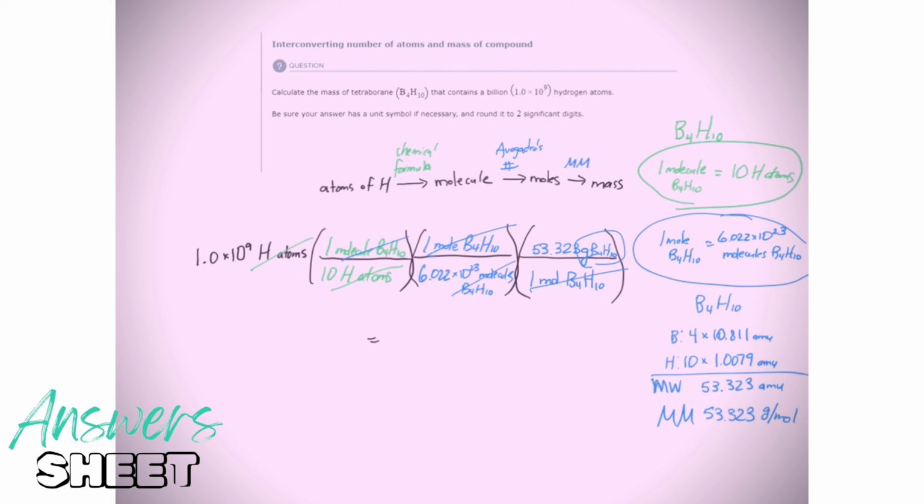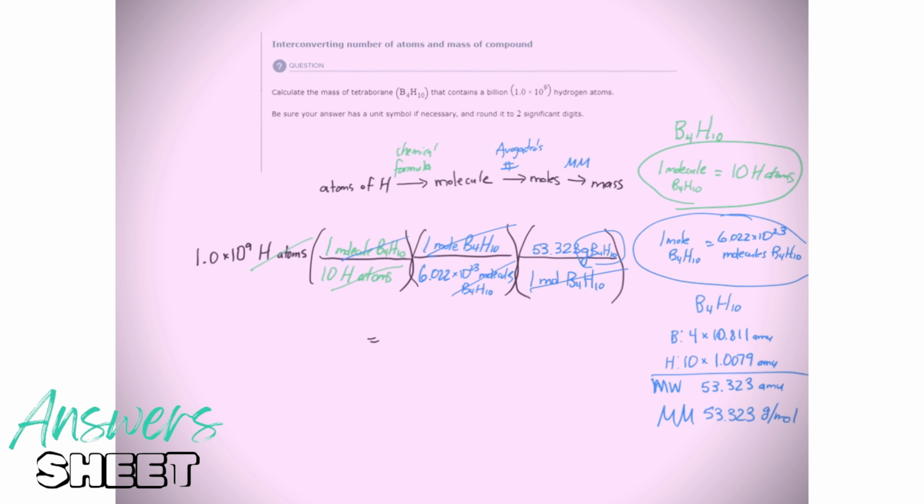I like to put this into my calculator exactly how I see it, so I will type 1.0 E 9, open parentheses, 1 over 10, close parentheses, open parentheses, 1 over Avogadro's number, 6.022 times 10 to the 23, close parentheses, open parentheses, 53.323 over 1, close parentheses.